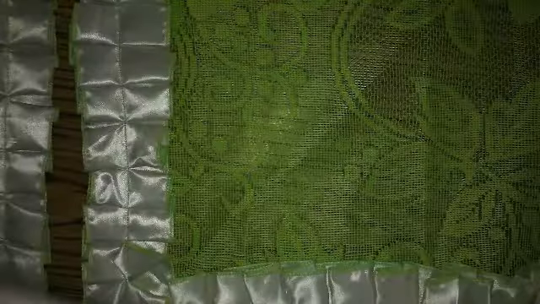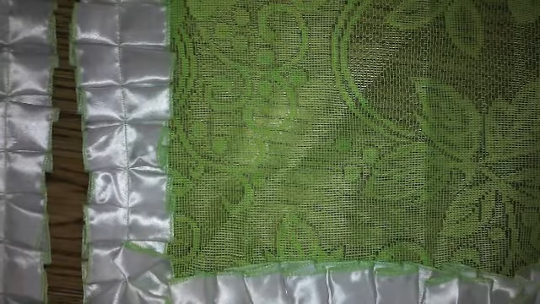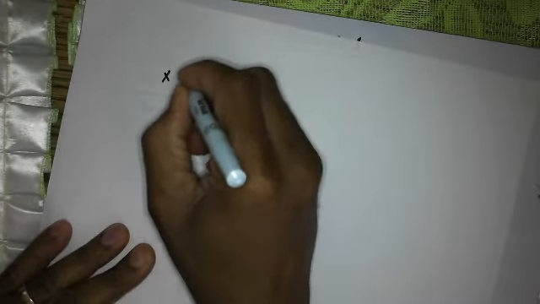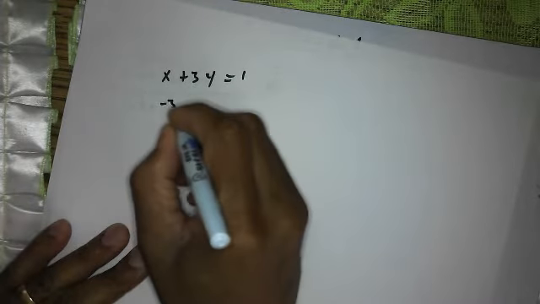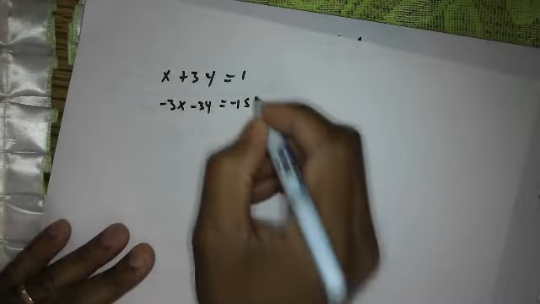Alright, let's look at another example. We're still going to build on the same concept here, but this one is x plus 3y equals 1, negative 3x minus 3y equals negative 15.